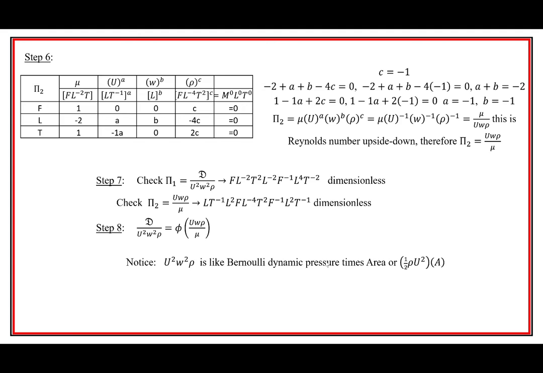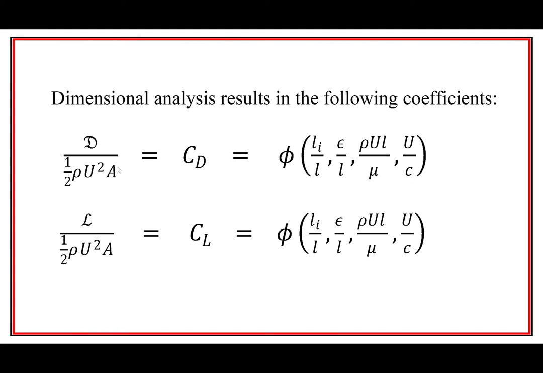Therefore, what we're left with is the drag, and we call that the drag coefficient. So the first pi term, merely adding in the 1/2 and deciding that W squared represents an area, gives us this drag coefficient. And in the same way, we have the lift coefficient. So here's where the drag coefficient and the lift coefficient come from.